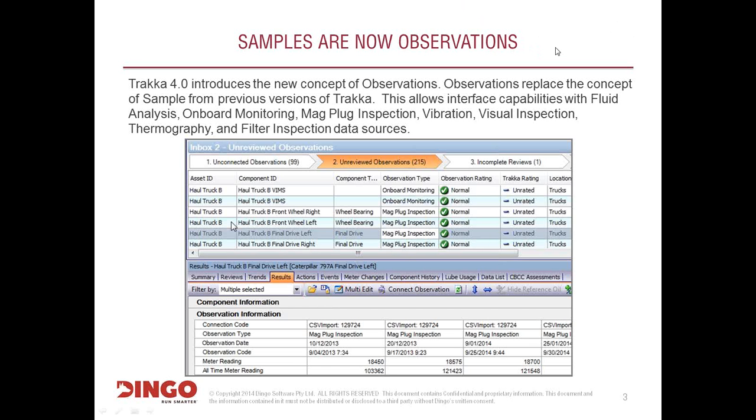In the screenshot, you can see that in the inboxes we're now talking about observations instead of samples. But most of the functionality stays the same. You can do all the same things that you could do with samples before, just that we've renamed them to become more generic so that we can work with multiple different types of data.